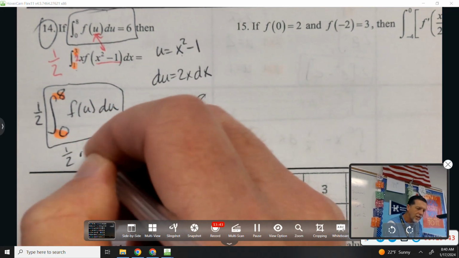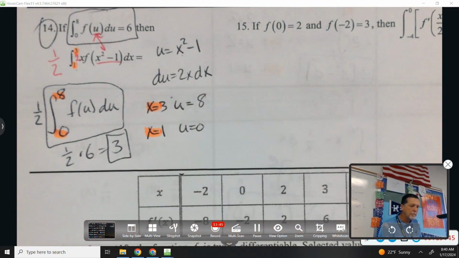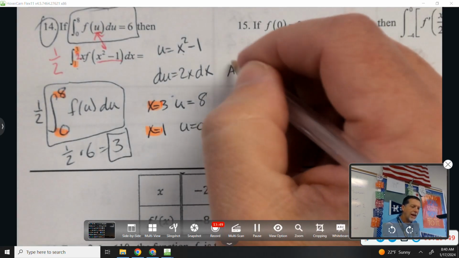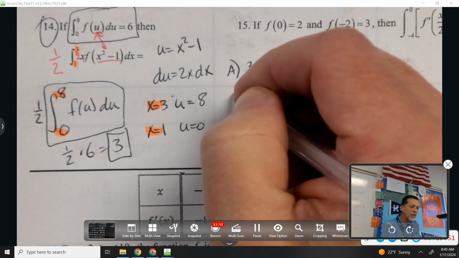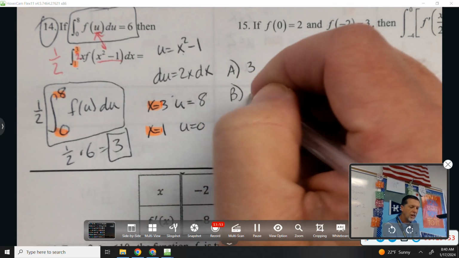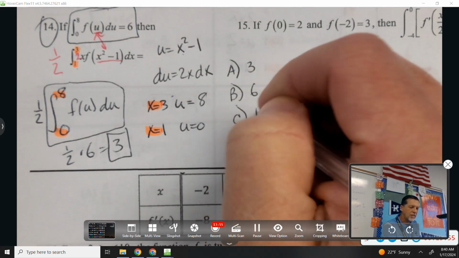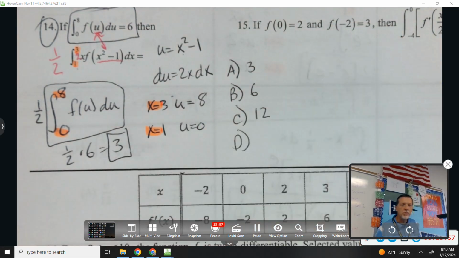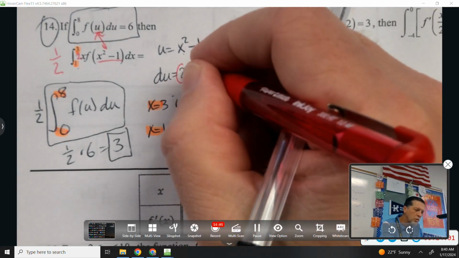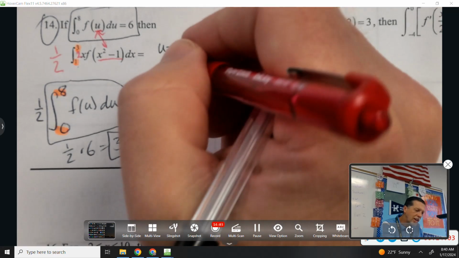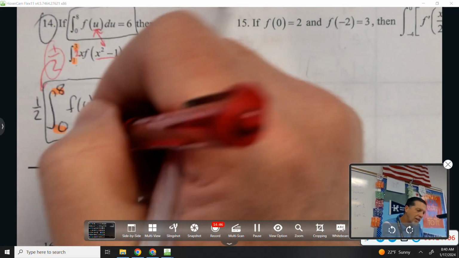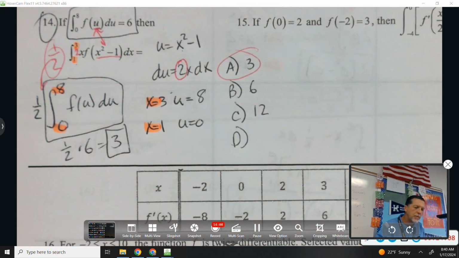So half of 6 is 3. I'd bet anything the multiple choice answers are 3, 6, 12, and who knows. So the big part of that was the chain rule, where that 2 came from, because that 2 led to the 1/2, which led to this being 3.